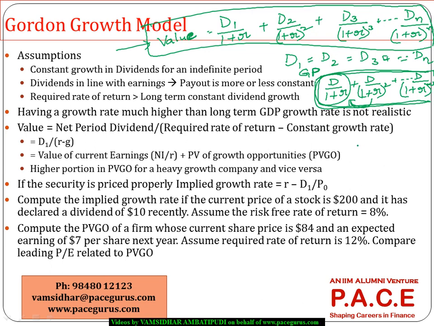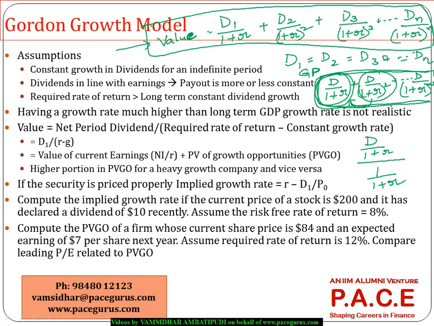The first term is D by (1 plus r), and the common ratio, which is the second term divided by the first term, comes out as 1 by (1 plus r).